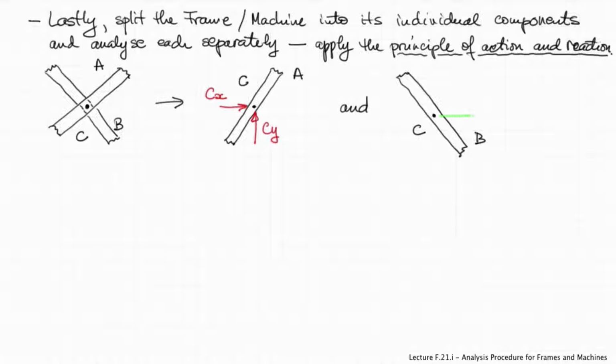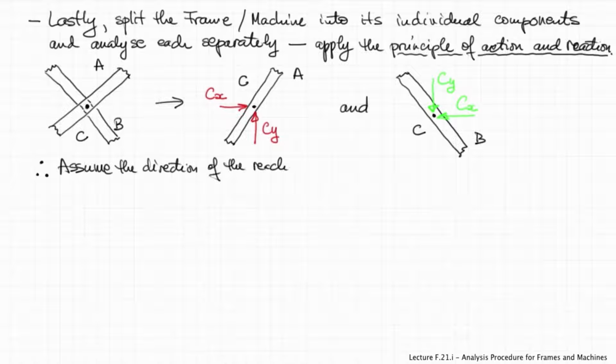Then using the principle of action-reaction on the other member, these reaction forces must have opposite signs. So in this case, Cx and Cy will be negative. So this is very, very important. And if you don't do so, it would be a major error in the solution of the question.